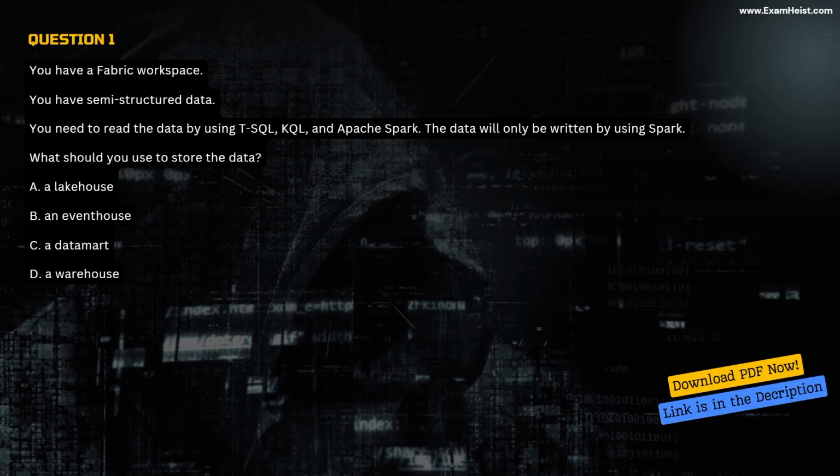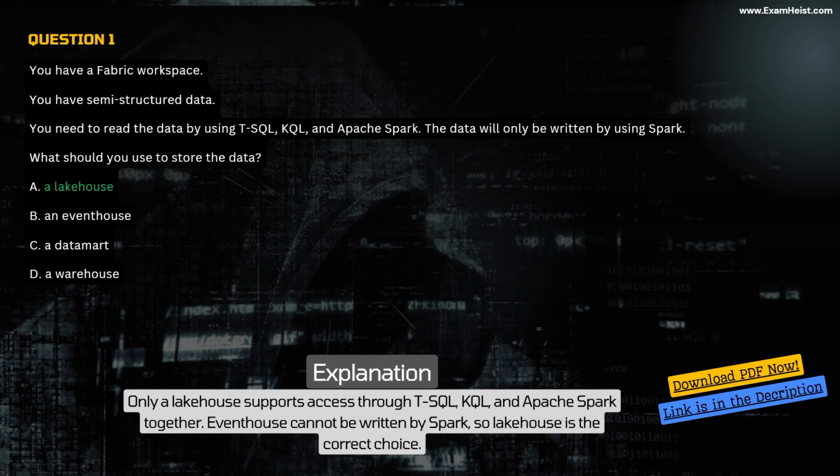B. An event house. C. A data mart. D. A warehouse. Correct answer A. A lakehouse. Explanation. Only a lakehouse supports access through T-SQL, KQL, and Apache Spark together. Event house cannot be written by Spark, so lakehouse is the correct choice.